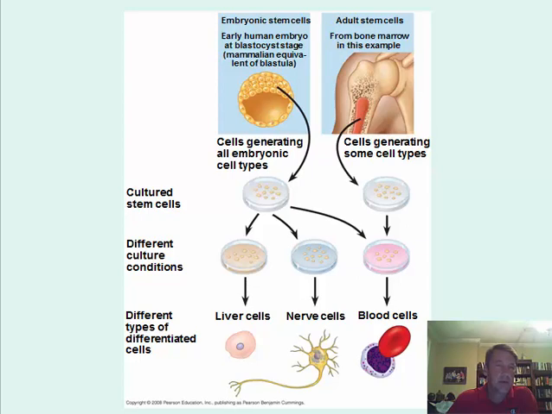So that's an example of kind of tricking the cell or turning on certain genes based on the conditions that are there. That production, when it starts to develop from a stem cell into carrying out its particular characteristics, that's called differentiation. When the cell takes on its specific structural characteristics and becomes specialized.